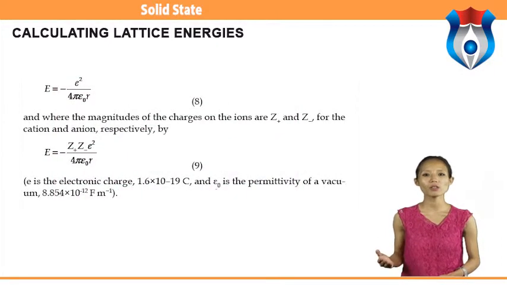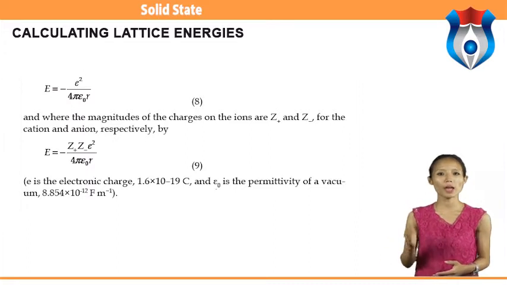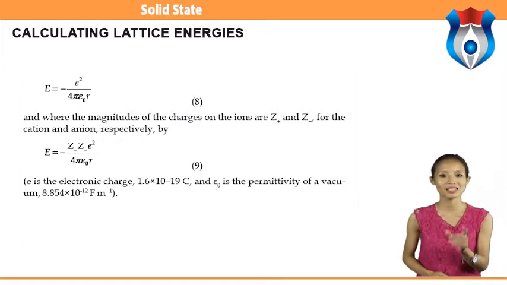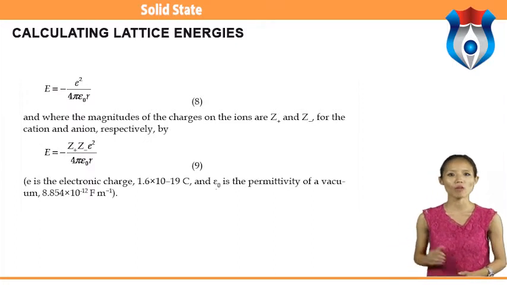For an ionic crystal of known structure, it should be a simple matter to calculate the energy released on bringing together the ions to form the crystal using the equations of simple electrostatics. The energy of an ion pair M+ X- separated by distance r is given by Coulomb's law, where the magnitudes of the charges on the cation and anion are Z+ and Z- respectively.